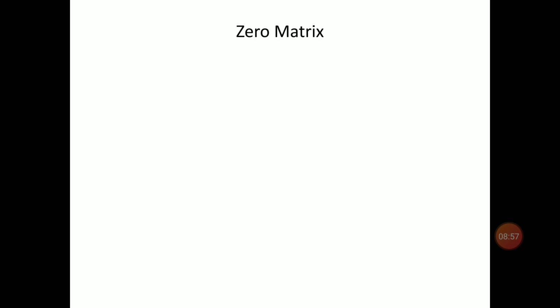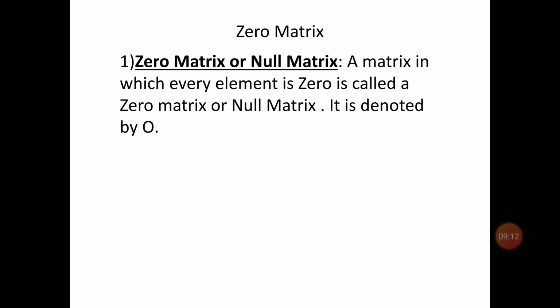Now we are going to study some particular types of matrices. The first type that we are going to study is a zero matrix. As the name says, the zero matrix, which is also called a null matrix, is nothing but the matrix in which every element is equal to 0.